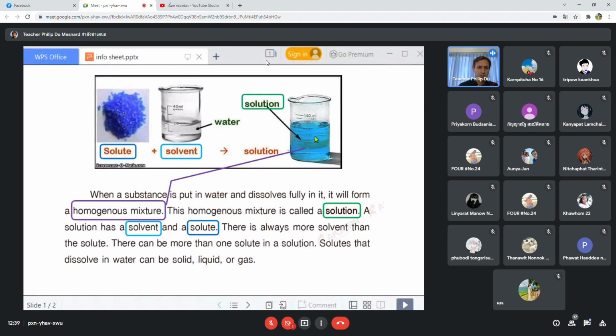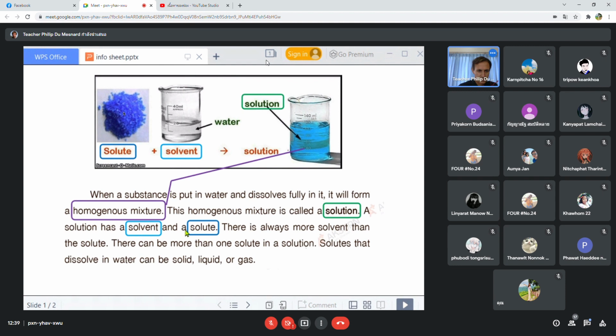That is called a solution. The crystals, this is a solid, the solute, and the water is the solvent. But you can also have gas, it can dissolve in water, or liquid, it can also dissolve in water. So this time we have a solid, but gas and liquid can also dissolve in water.